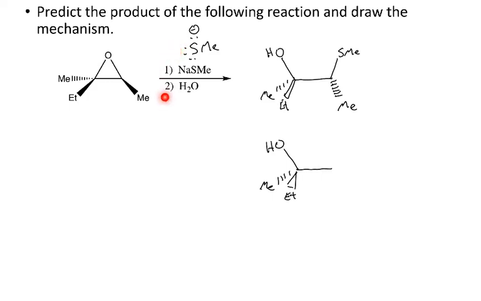So this nucleophile is going to come down here, and when I think about inversion of configuration, I think about turning an umbrella inside out. And so when the sulfur attacks here, it's really going to pop the methyl, and then the hydrogen here that we're not showing is going to pop up to the other side.